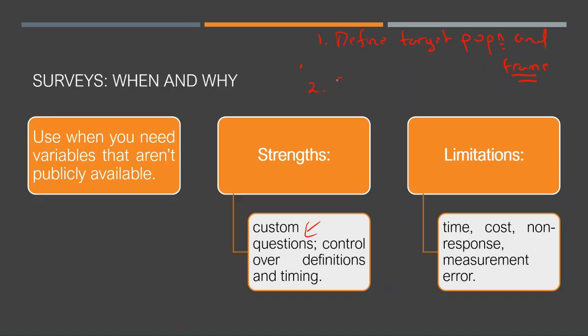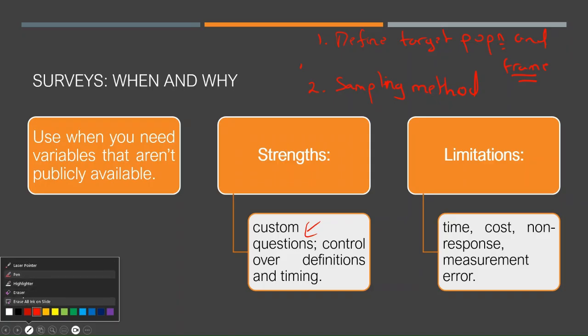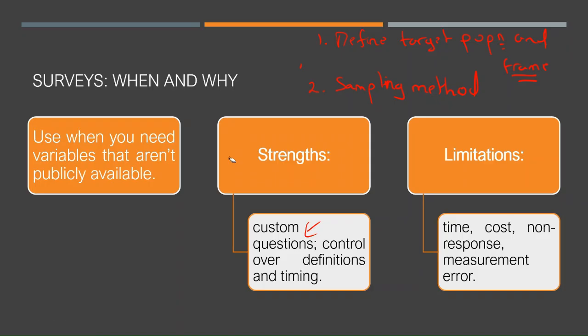Number two, you will go for a particular sampling method. Now, when I talk about a particular sampling method, there are different sampling methods. There are numerous, in fact. There are numerous sampling methods that exist.